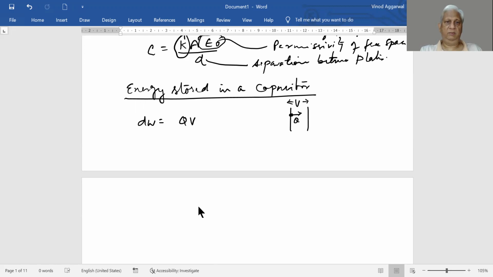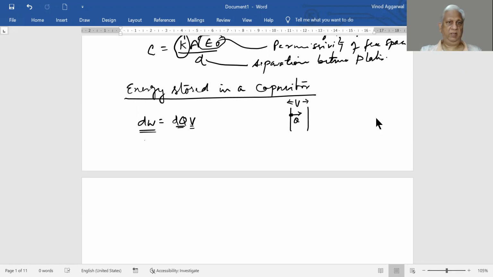Q times V, right? Now, this voltage is V and additional charge is dQ. So dW is equal to V times dQ.